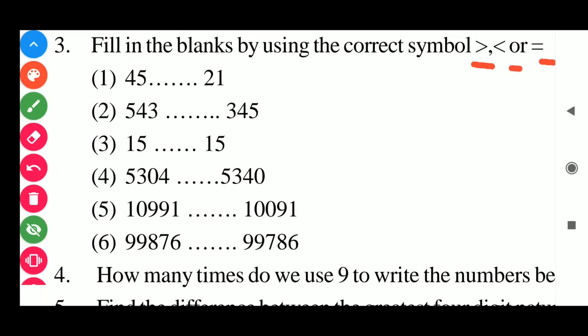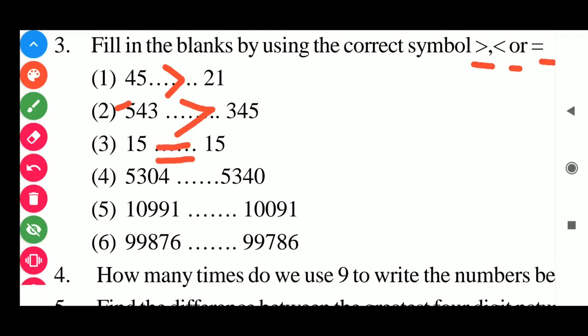So 45 is greater than 21. Here is 453 and 345. The first digit is greater, so we can write greater than. Here is 15 and 15, both are 15, so that is equal.